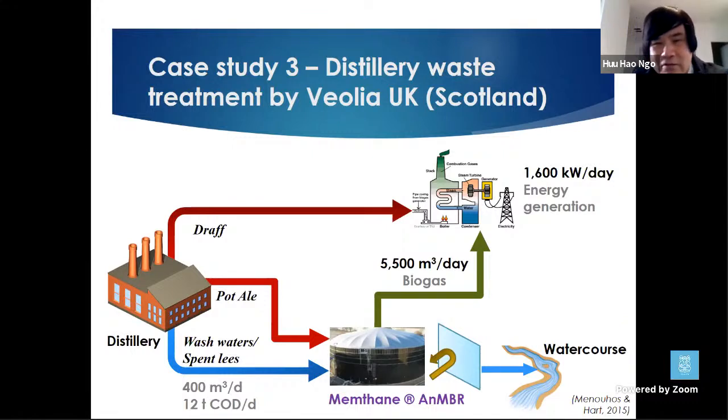Every day they convert this to 1,600 kilowatts per day. And at the same time, they can treat the wastewater very nicely to discharge to the watercourse without any problem. So they don't cause water pollution problems, but at the same time they can produce such good bioenergy.